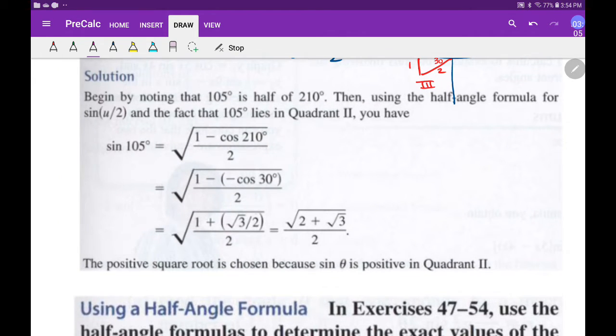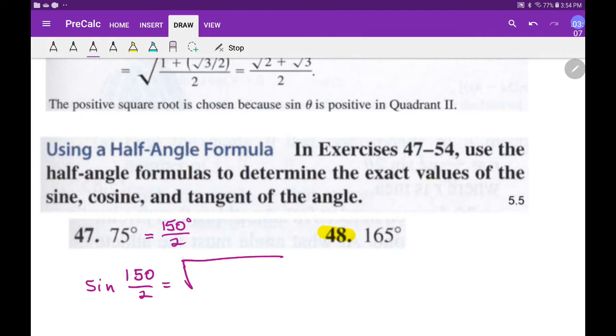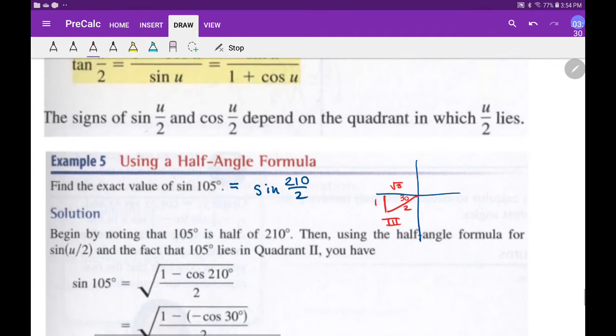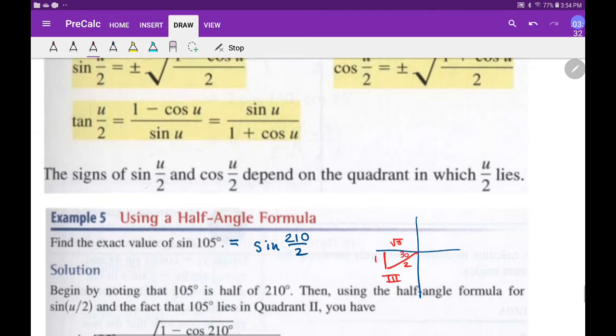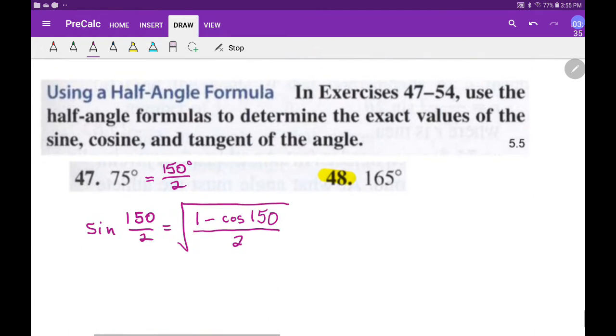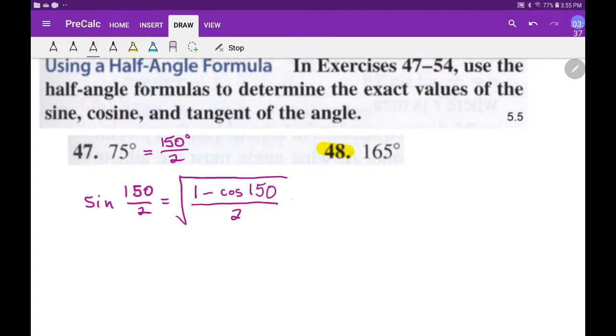I better draw it out first. I better say 1 minus the cosine of, not 150 over 2, but 150, over the whole thing over 2. And also notice it does say plus or minus, so we'll just be mindful.